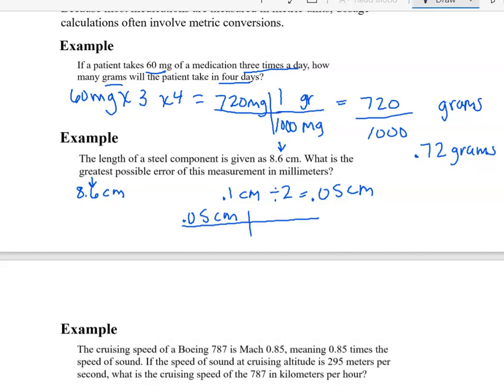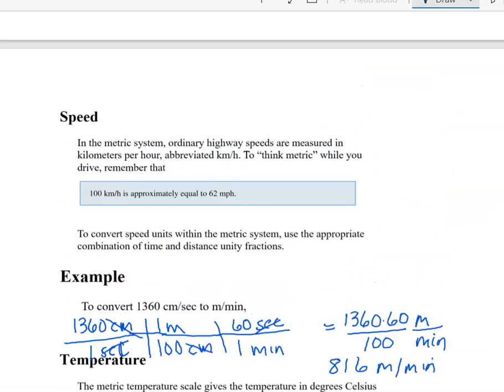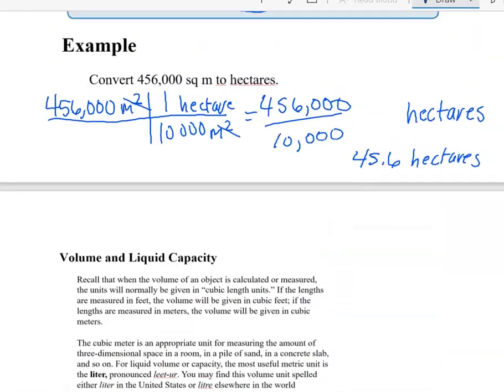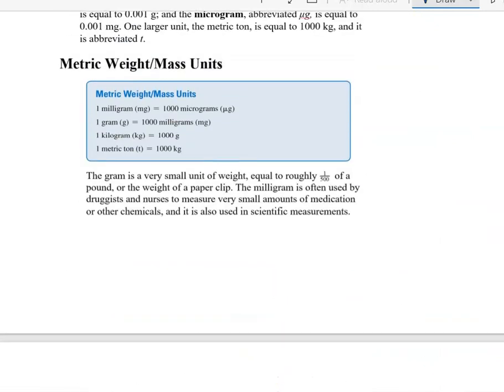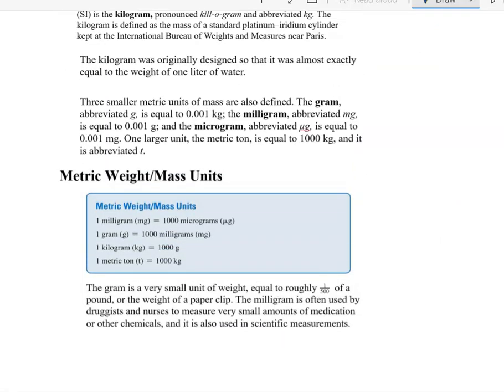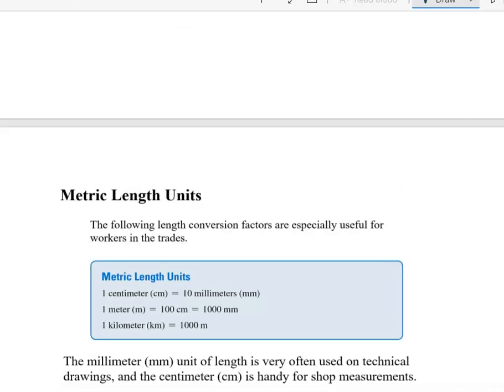So we have 10 millimeters in, actually I think we have 100 millimeters in 1 centimeter. Let's go back up here and check on our chart. Okay, so 100 centimeters is 1,000 millimeters, so that was just a difference of 10, not 100, sorry.